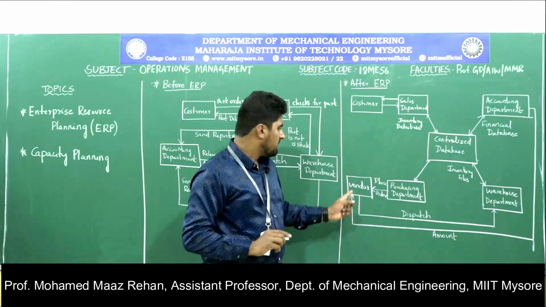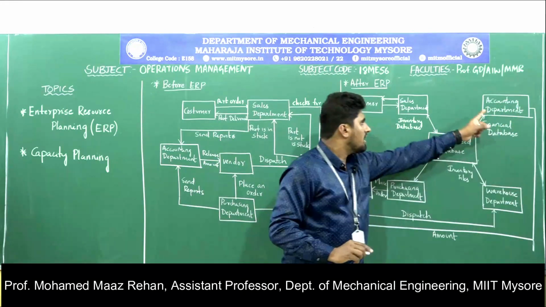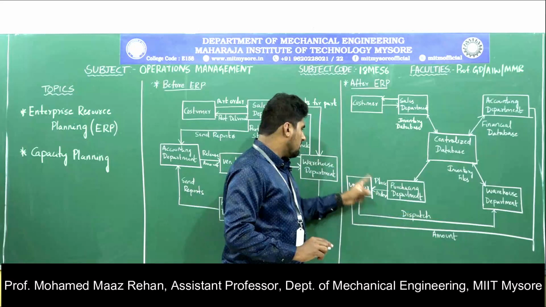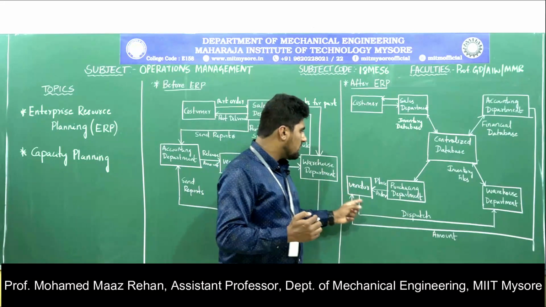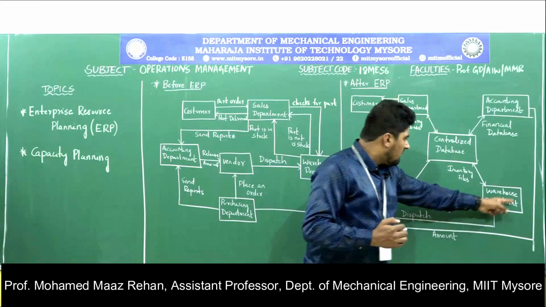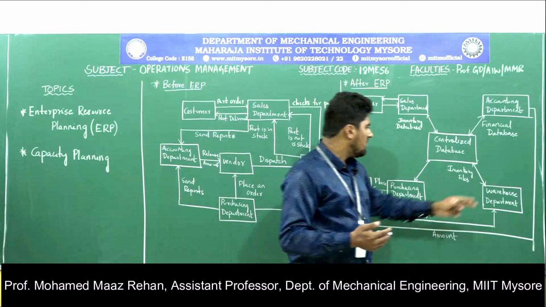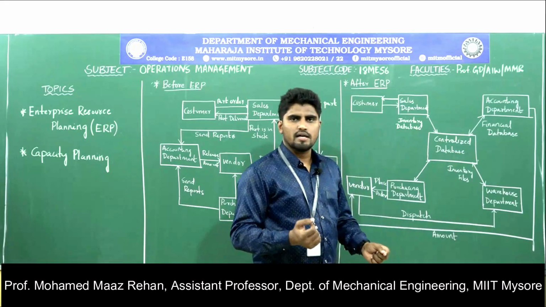to the vendor. This vendor is going to receive the amount from the accounting department. Once he receives the amount and the product is manufactured, he is going to dispatch that particular product to the warehouse. From the warehouse, they will update the centralized database.